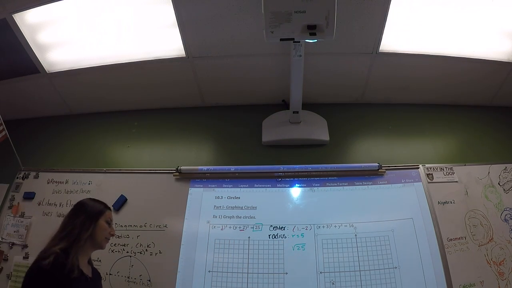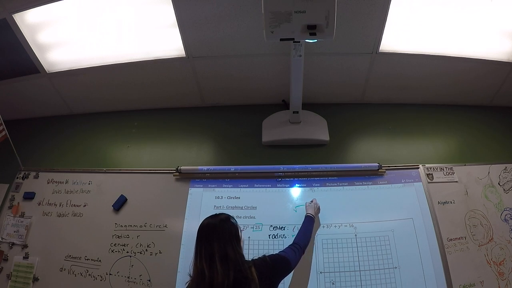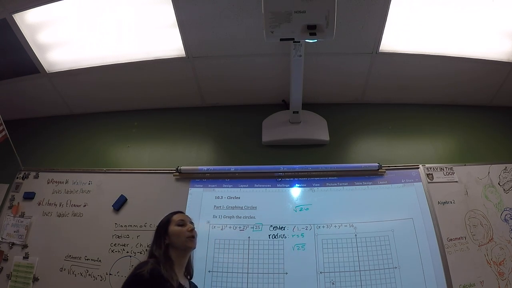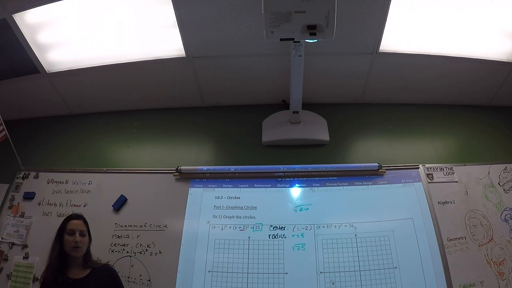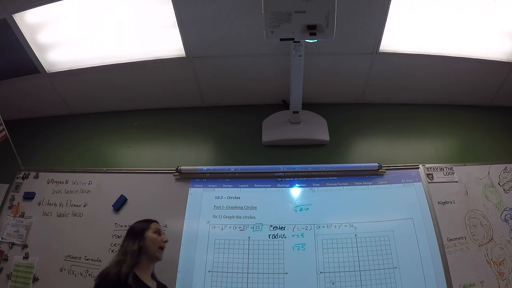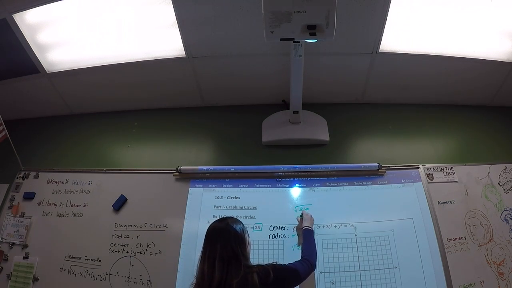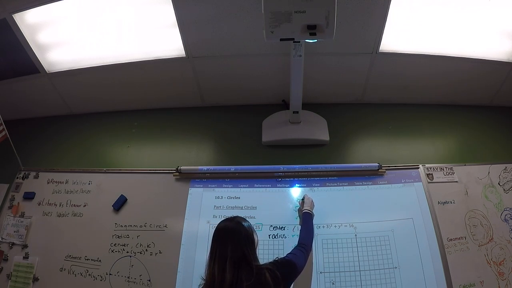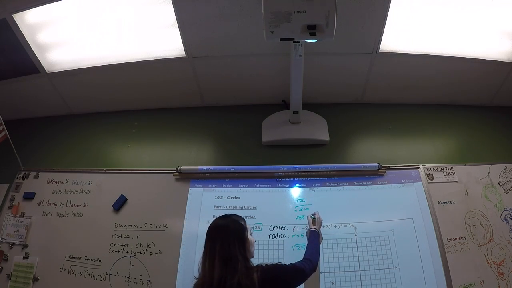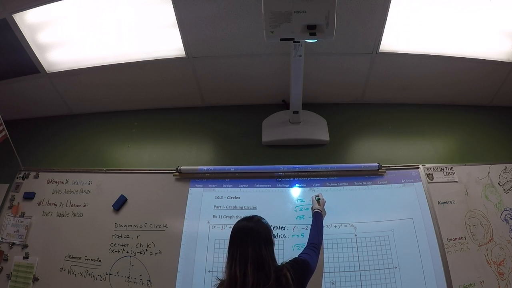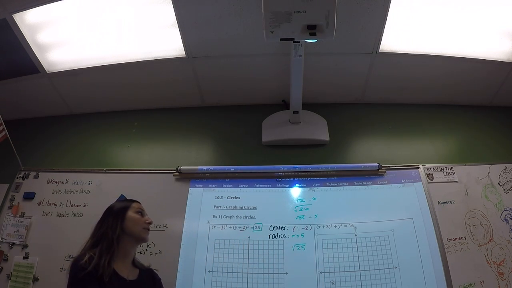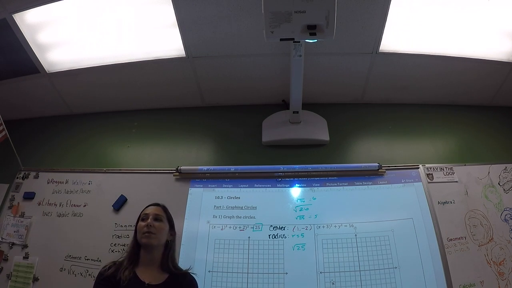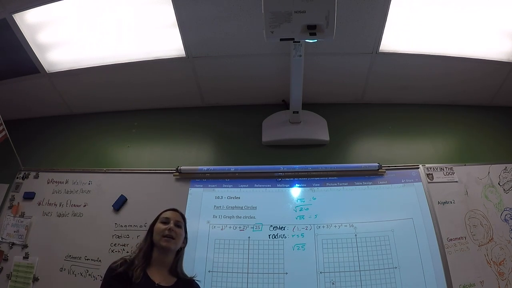If it's, say, the square root of 26, then you're going to guesstimate based on other perfect squares that you know. So, for example, you're going to compare that to the square root of 25 and the square root of 36. We know that the square root of 25 is 5. We know that the square root of 36 is 6. That means that the square root of 26 is somewhere in between 5 and 6.